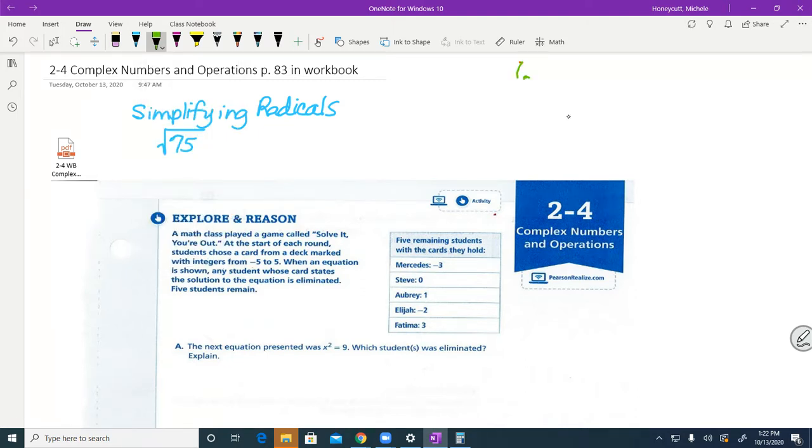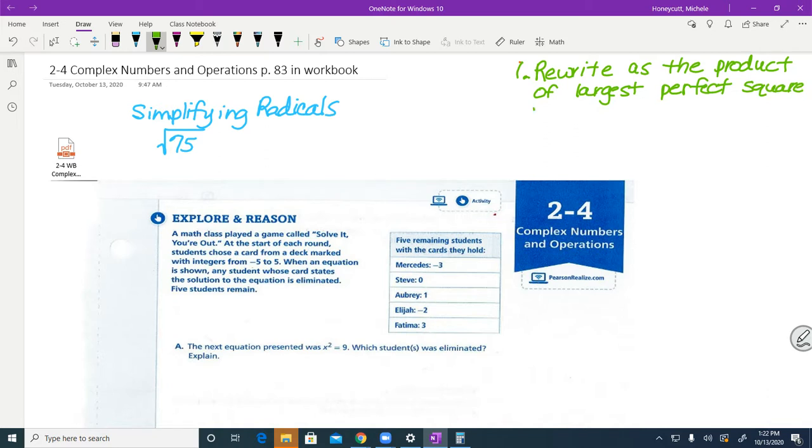number one, you're going to rewrite it as the product of the largest possible perfect square and the remaining factor.